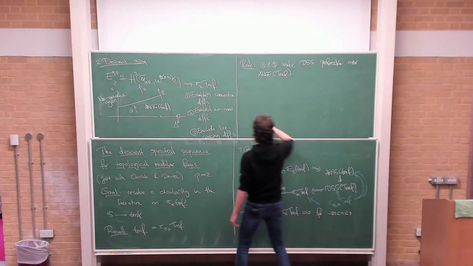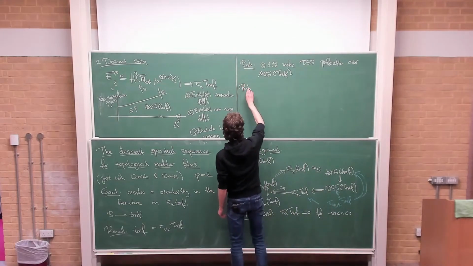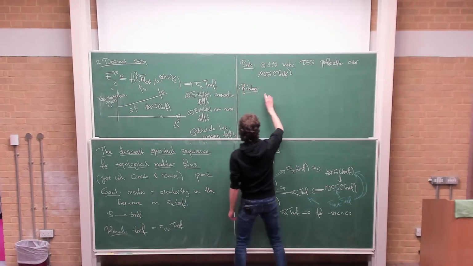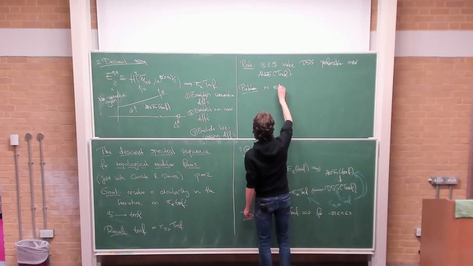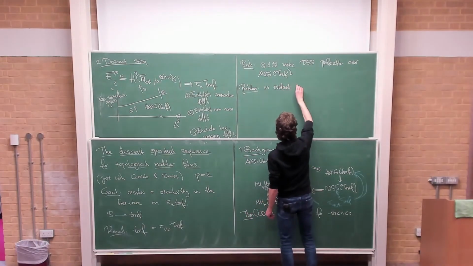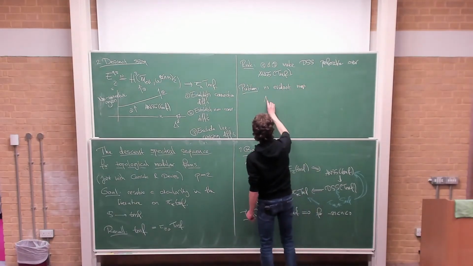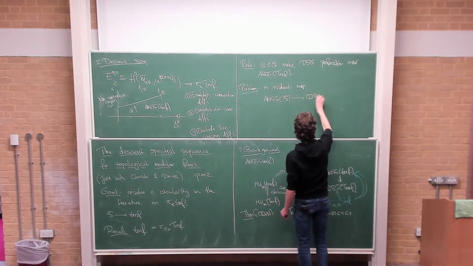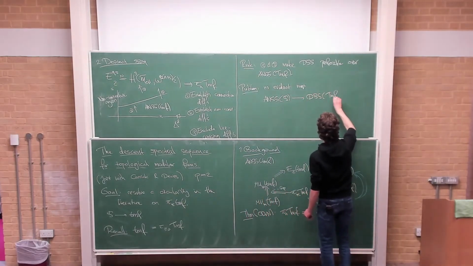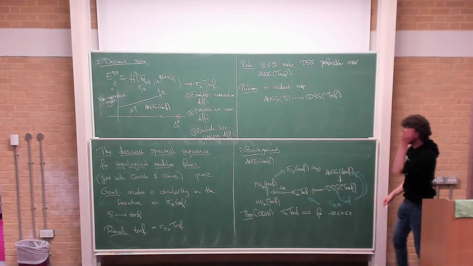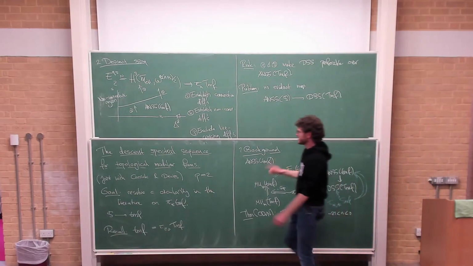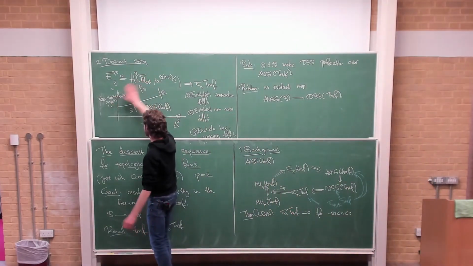There's a big problem. There's no evident map from the Adams-Novikov for the sphere to descent for TMF. And why is this so important? It's exactly because you have all of this junk in high filtration.